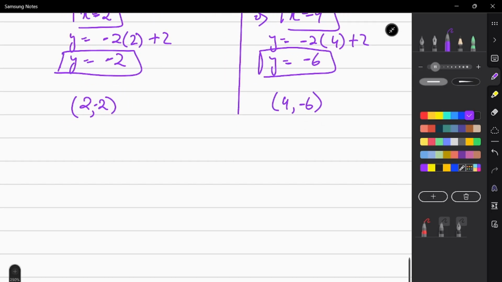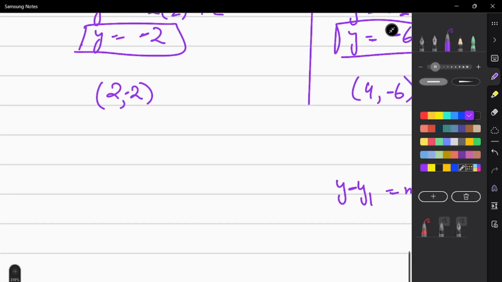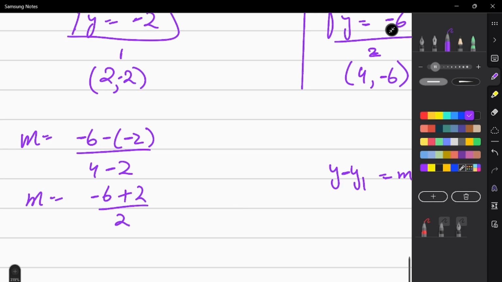Alright, so these are the two coordinates, and now using y minus y1 is equal to m times x minus x1, we can figure out the equation of the line. But to do this we need m. So what is m? It's the gradient of the slope, and here we're going to be using this as the 2. Oops, this is the 2 and this is the 1. So y2 minus y1 upon x2 minus x1, so minus 4 over 2 gives us minus 2.